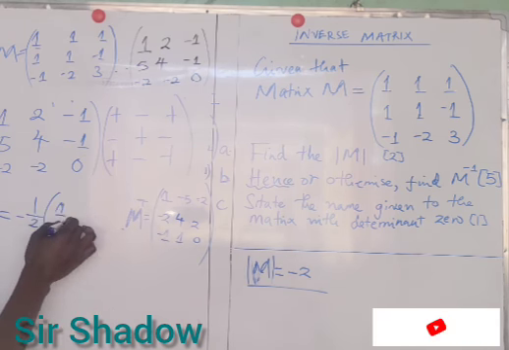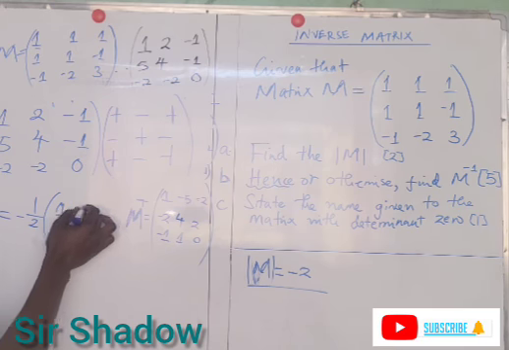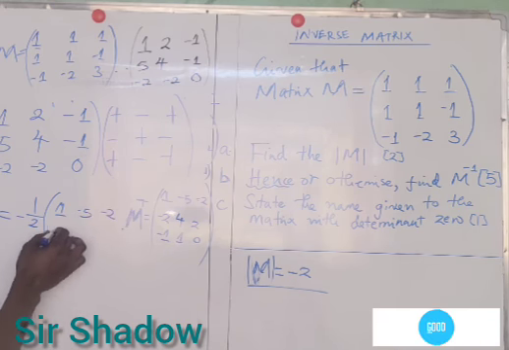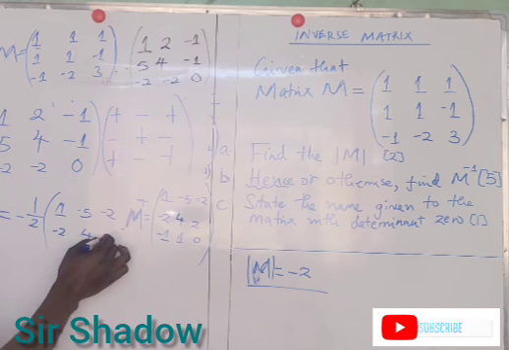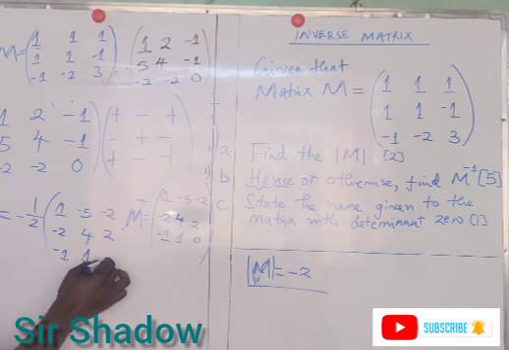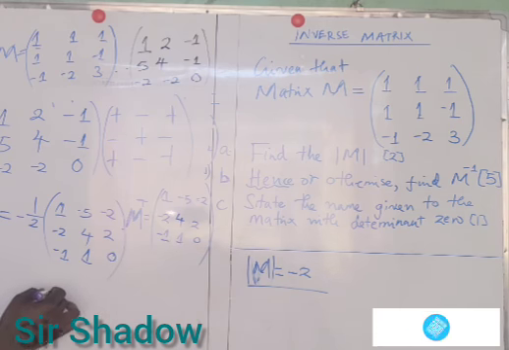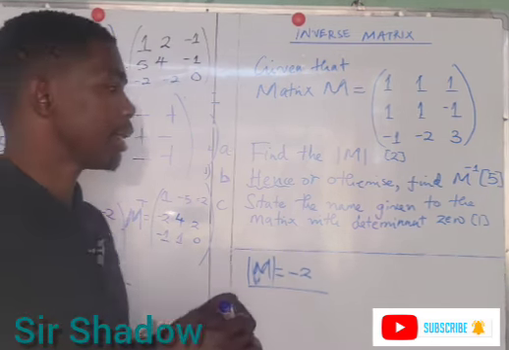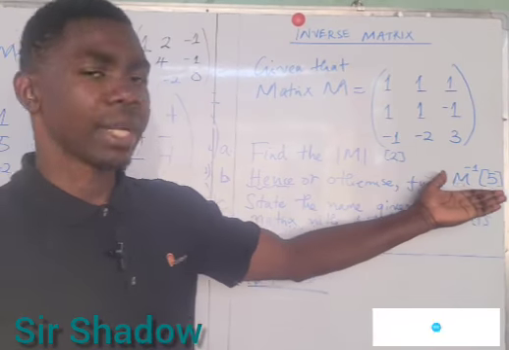So we have 1, negative 5, negative 2, then negative 2, 4, 2, then negative 1, 1 and 0. So here is our inverse of matrix M.